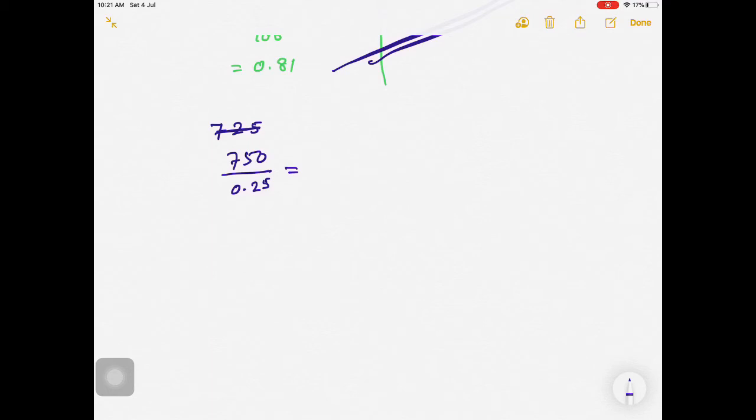In method 1, what we have done, we want to divide it as a fraction.